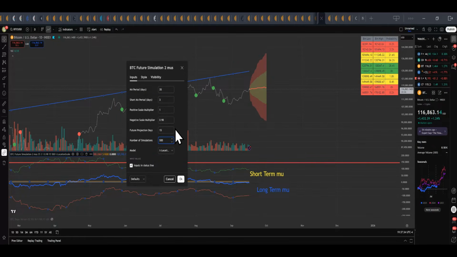If we could run it a million times offline, even with MATLAB or Python, I would have to run it for hours, maybe go to sleep and leave it running overnight, and in the morning it would give me a pretty stable result. But TradingView cannot do a million simulations; it will crash. So we are finding a compromise. 500, I think, is good enough. Does that answer your question?